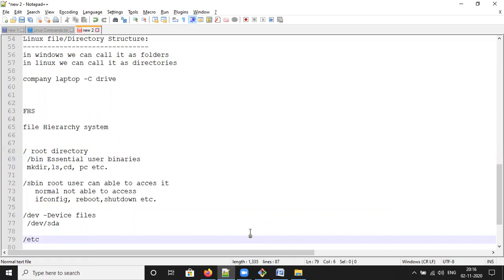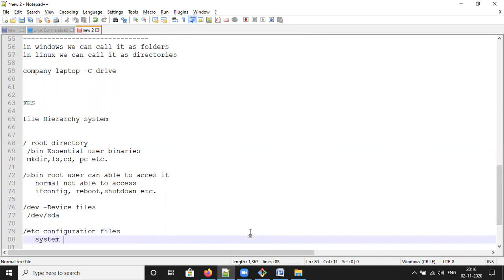Next, the /etc directory. What is this? The /etc directory contains all the configuration files, which can generally be edited by hand in a text editor. Note that the /etc directory contains the system-wide configuration files, not the user-specific configuration files.